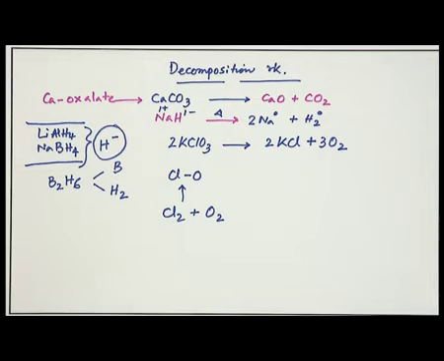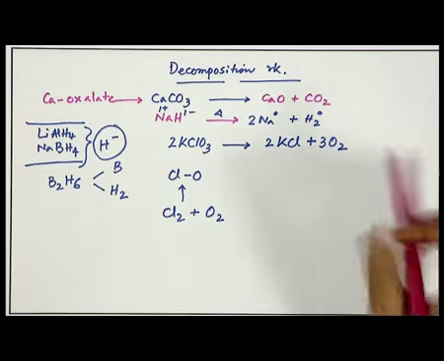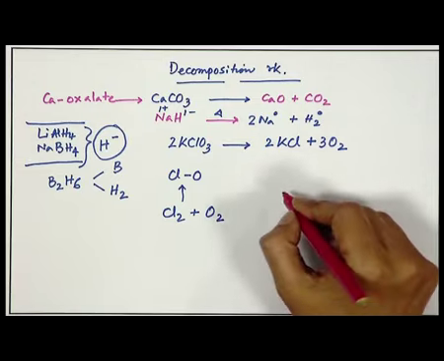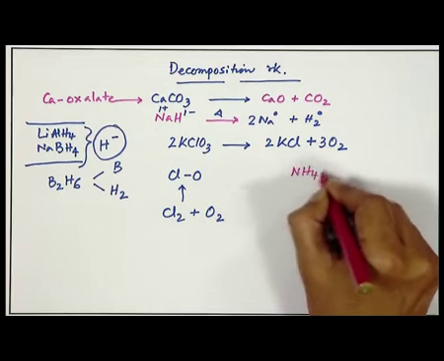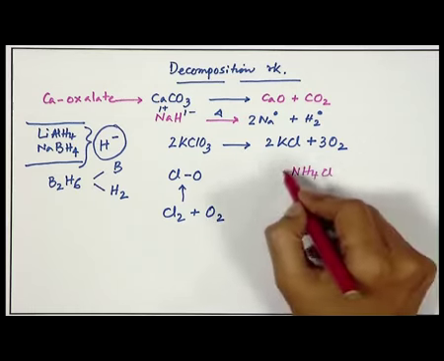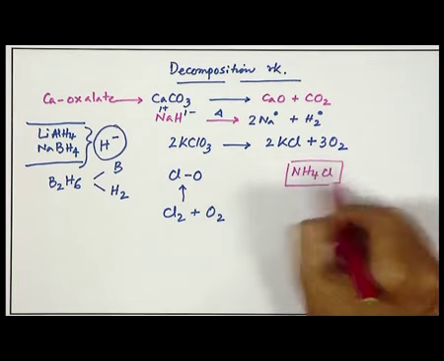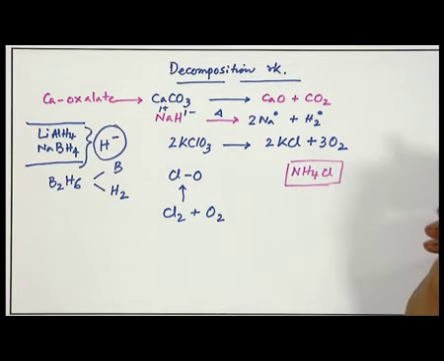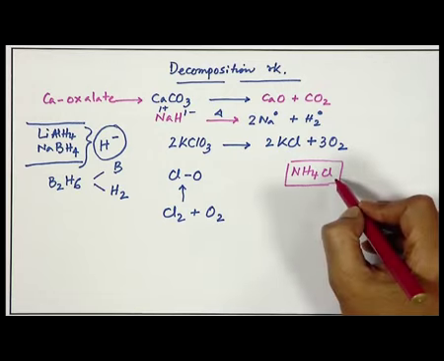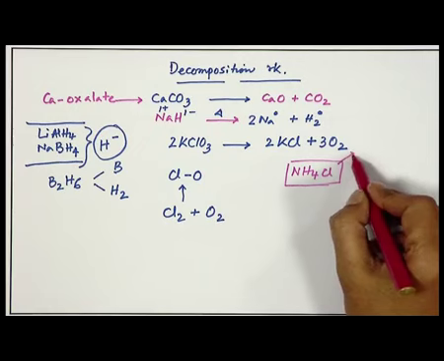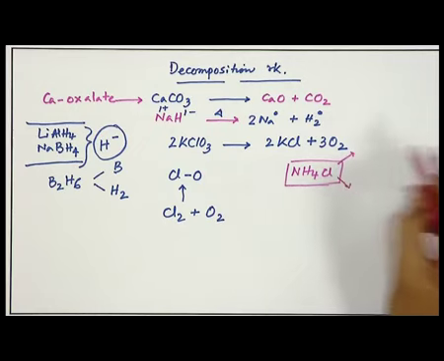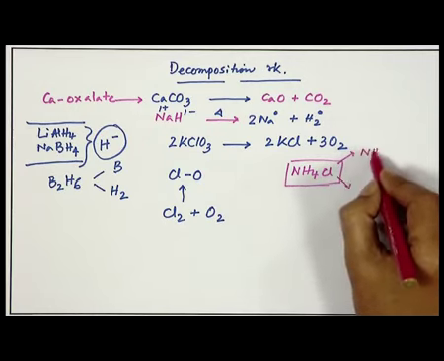So, all these chlorates will be explosive in nature. This particular decomposition reaction is also valid for simple ammonium chloride. We all know that ammonium chloride we can form from ammonia gas and hydrochloric acid or HCl gas also. So, this can be decomposed into two things, that means NH3 and HCl.